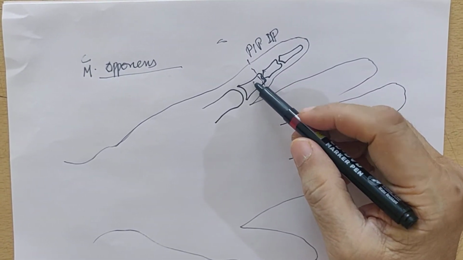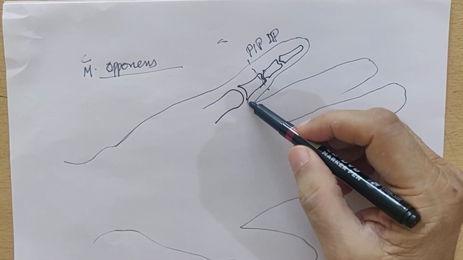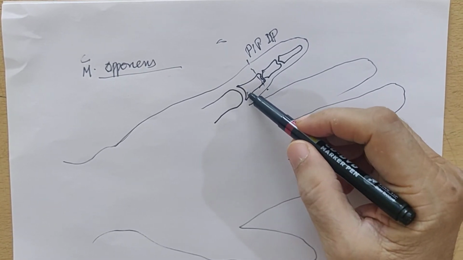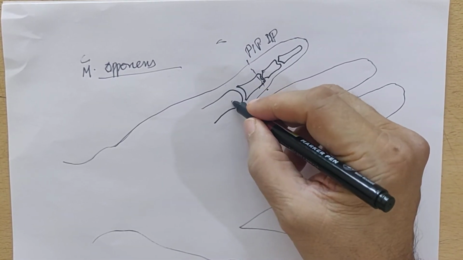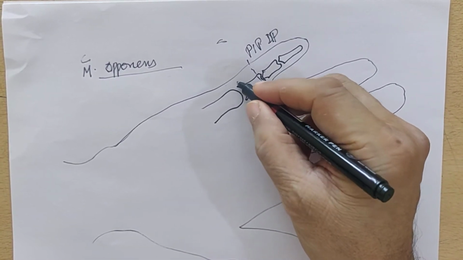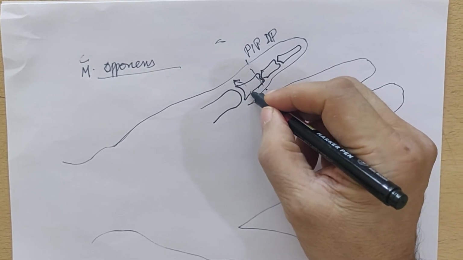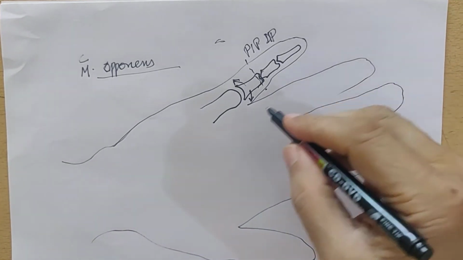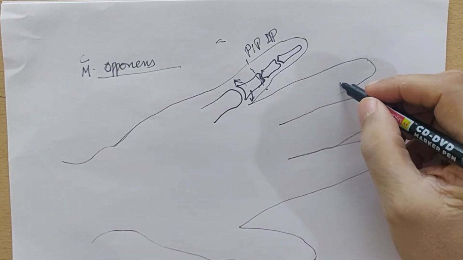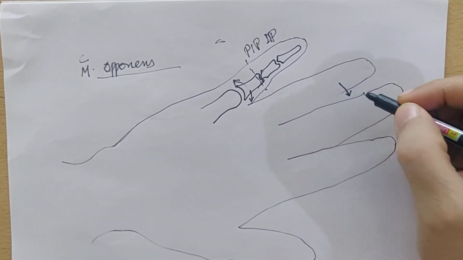See, the proximal phalanx is a ball and socket joint. Therefore, it can flex, it can extend, it can abduct, it can adduct. Any movement of the finger towards the middle finger is called adduction.